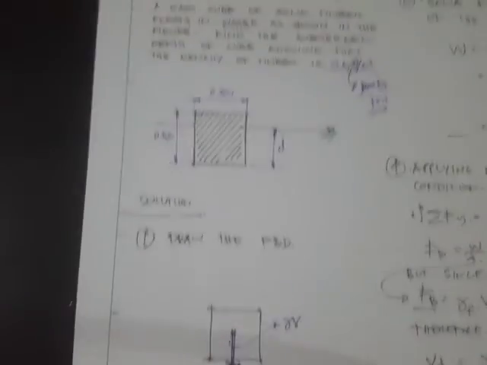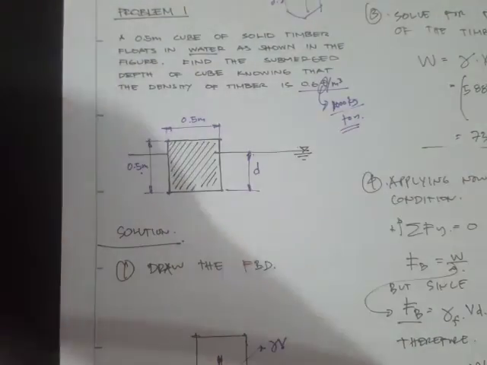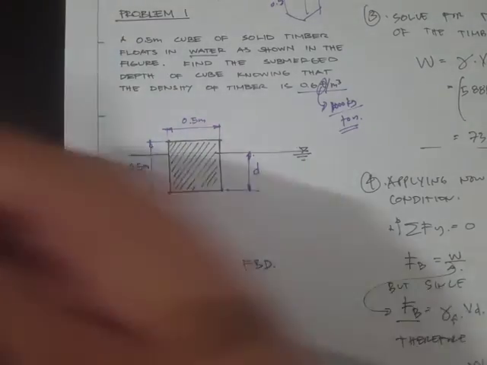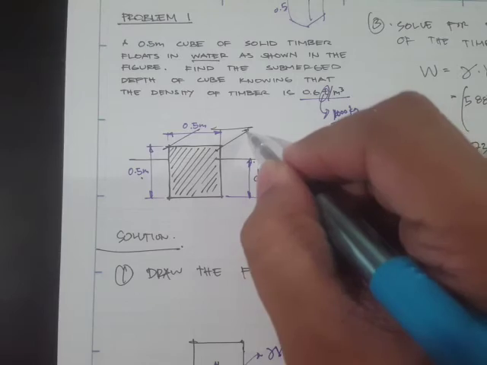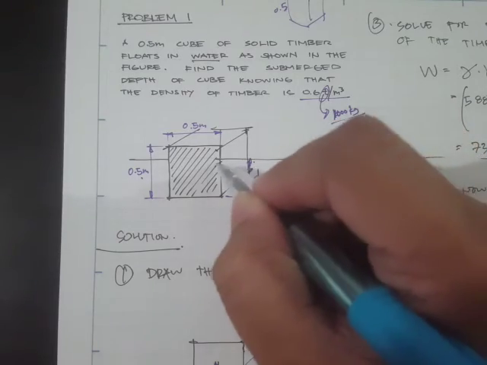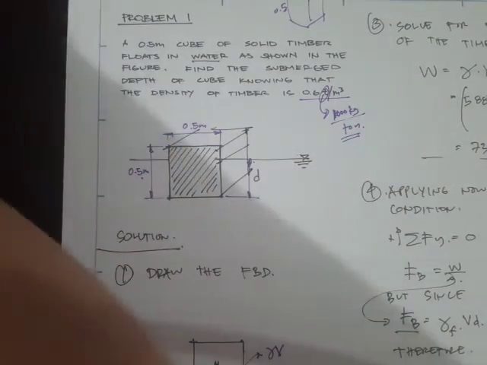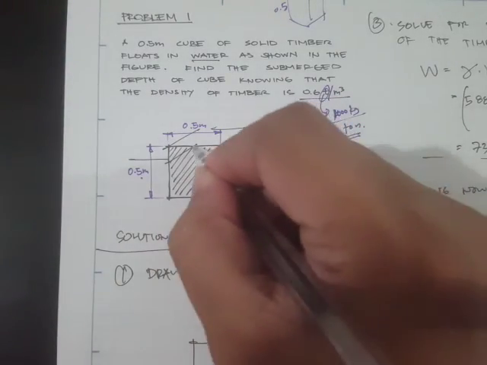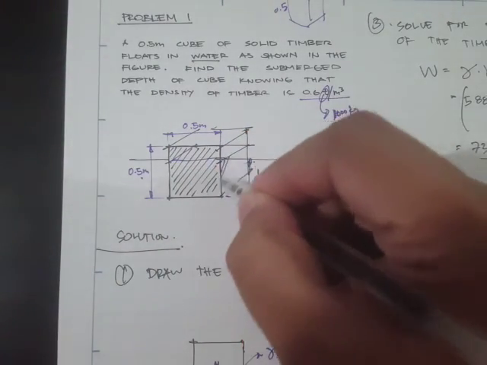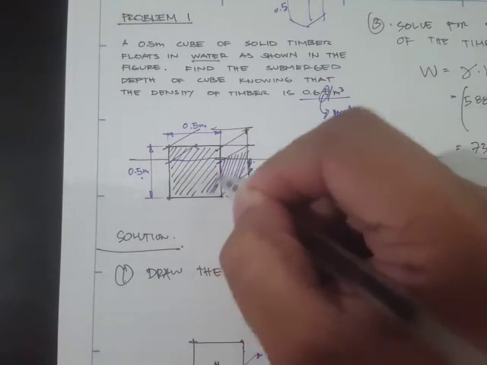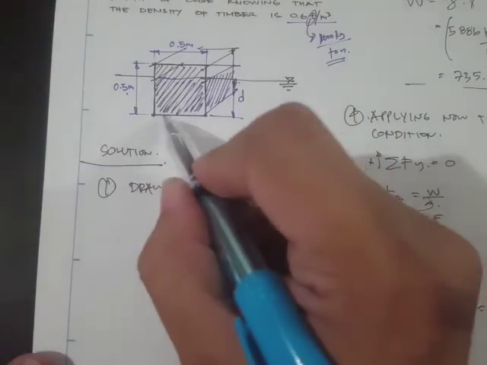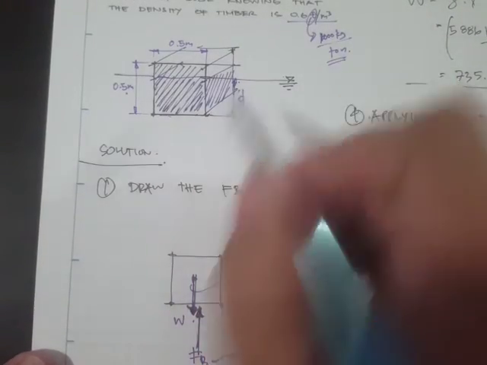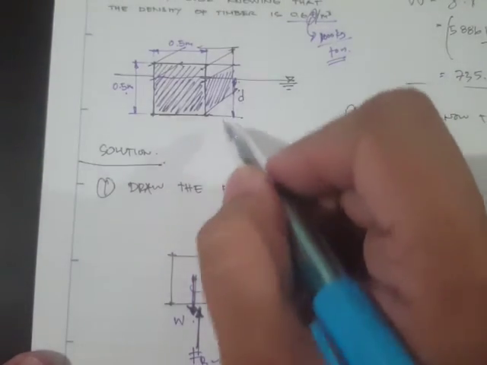If we try to project this, it is something like this, and this is our portion of the submerged volume. Therefore, this is 0.5, this is also 0.5, and what's left is the height.